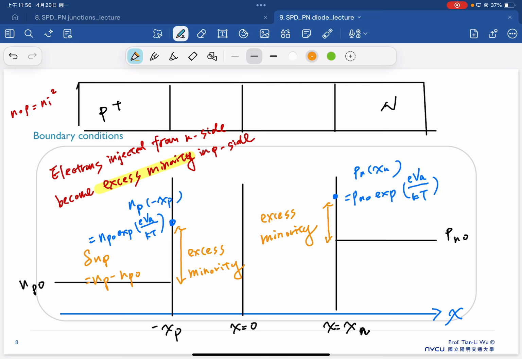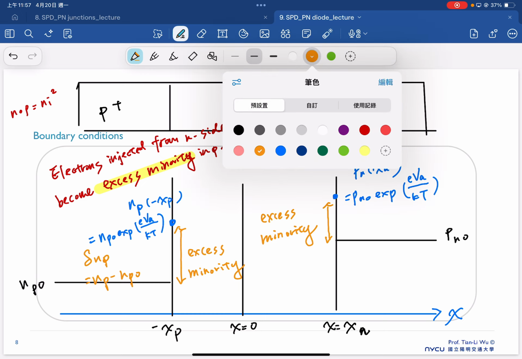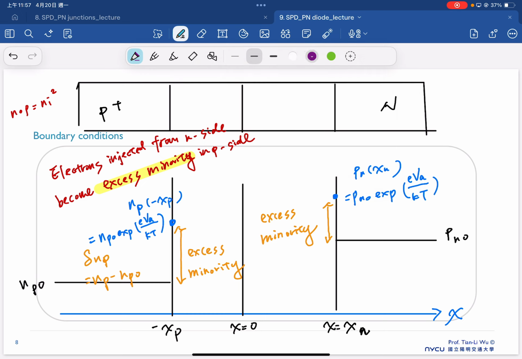So the concentration here actually is the holes injected from the P side becoming excess minority in the N side.